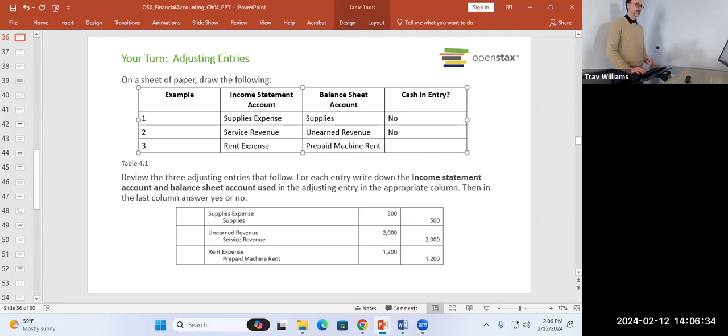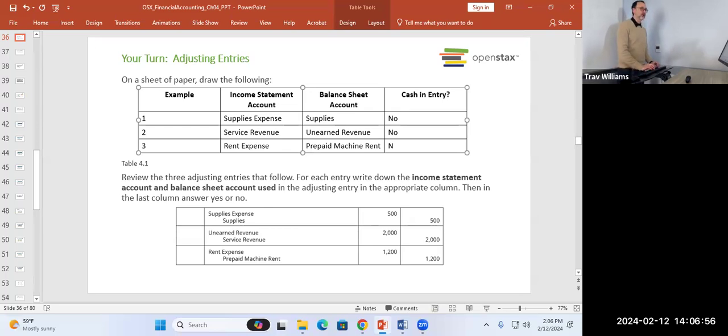Type of account is prepaid machine rent? This, more specifically, it's an asset. And was there any cash in this transaction? Nope. All we're doing is saying that, hey, time has gone by, so we've used up $1,200 of that prepaid rent, and we can now count that as a rent expense.